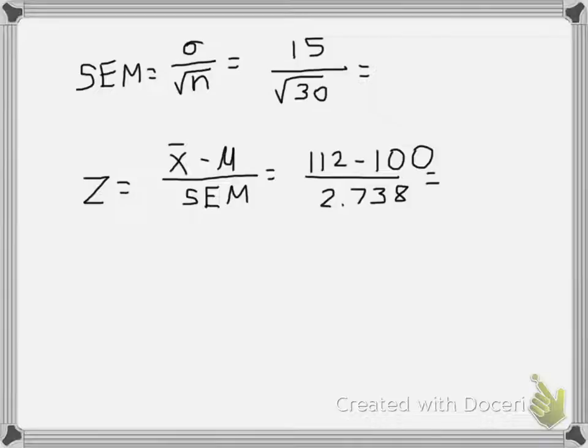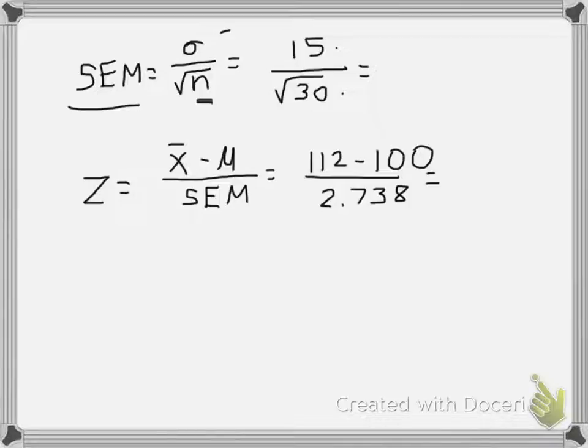Here we have our formulas, our standard error mean, and we're going to get that by dividing our standard deviation by the square root of our n, which is the size of our sample. Here we've already plugged in the numbers. We have 15 divided by the square root of 30.